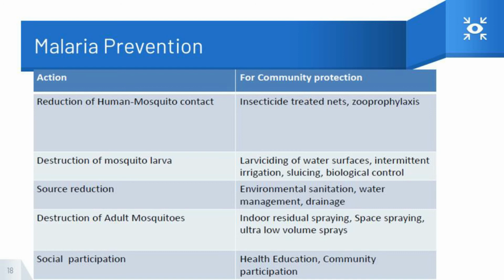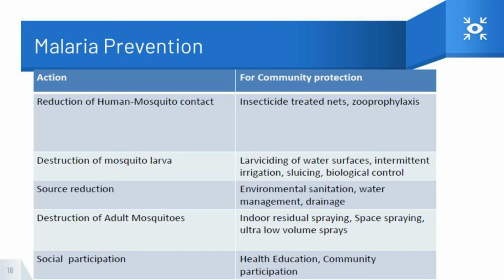For us to destroy the mosquito larvae, we should larvicide the water surfaces. We should also have intermittent irrigation and sluicing. Sluicing is washing or rinsing freely with a stream or shower of water, and also the biological control. For source reduction, we should apply environmental sanitation practices, drainage, regular checking of drainage, and also water management in our communities.